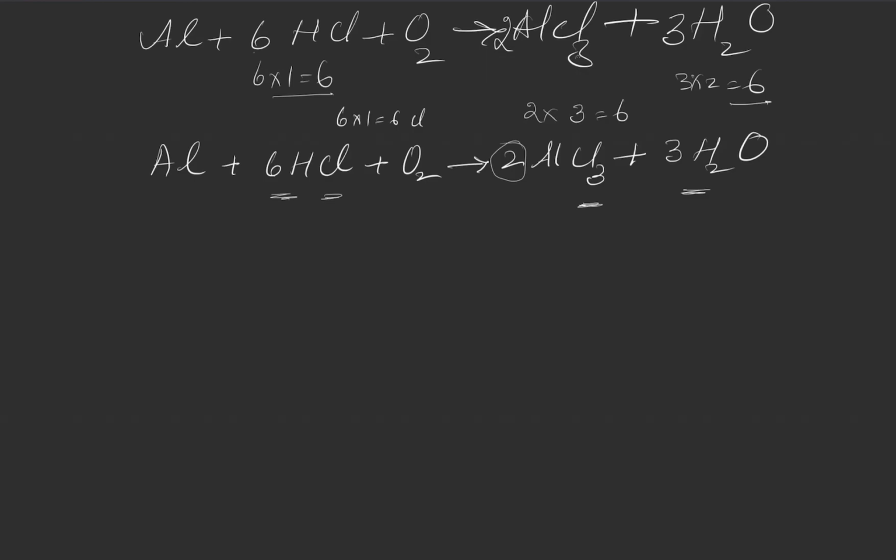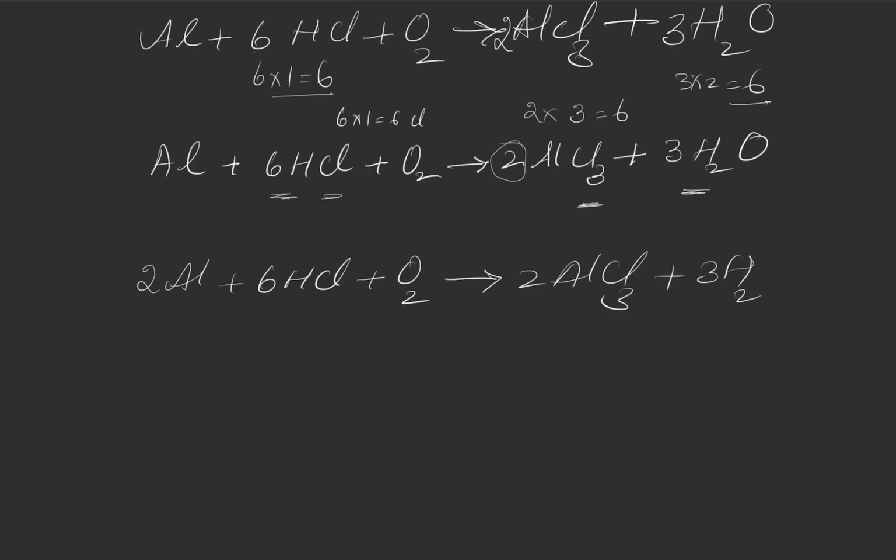So what you can do? Add 2Al plus 6HCl plus O2 gives 2AlCl3 plus 3H2O.